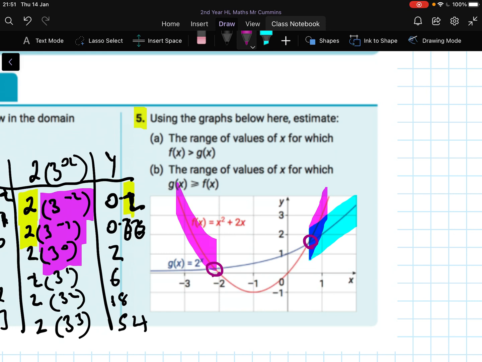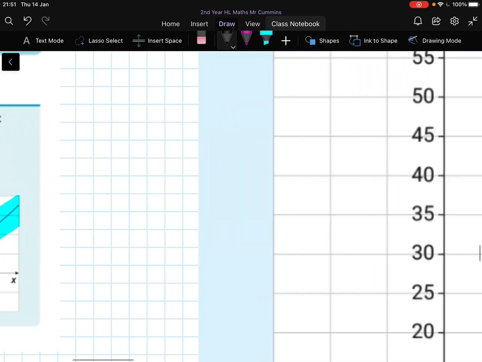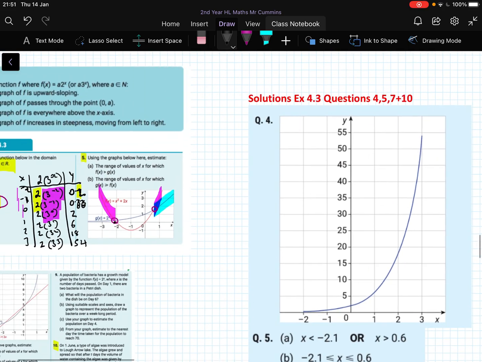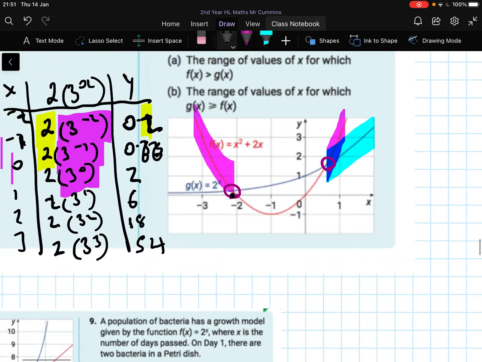So 5a, f of x is greater than g of x at the points we said. So somewhere here. I'll use a different color so you can see. Somewhere there, just below -2. In the solution they say -2.1. So just after -2.